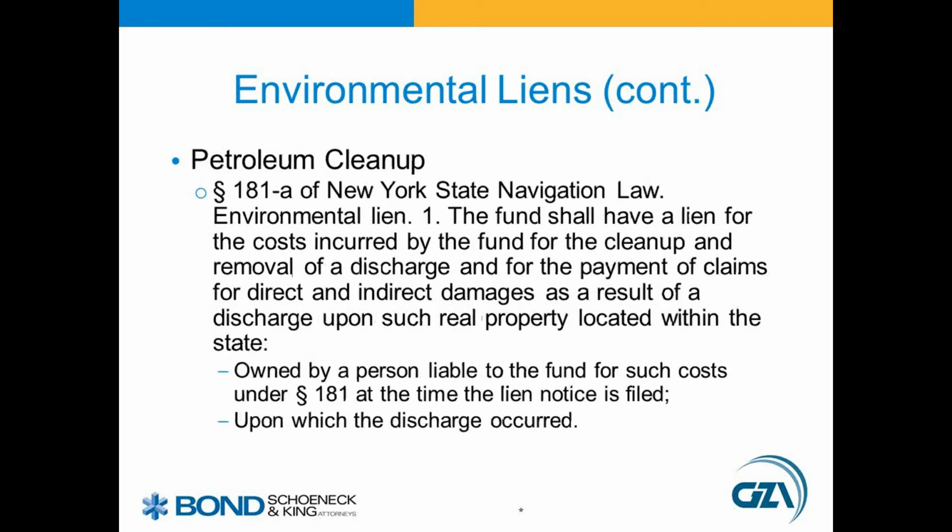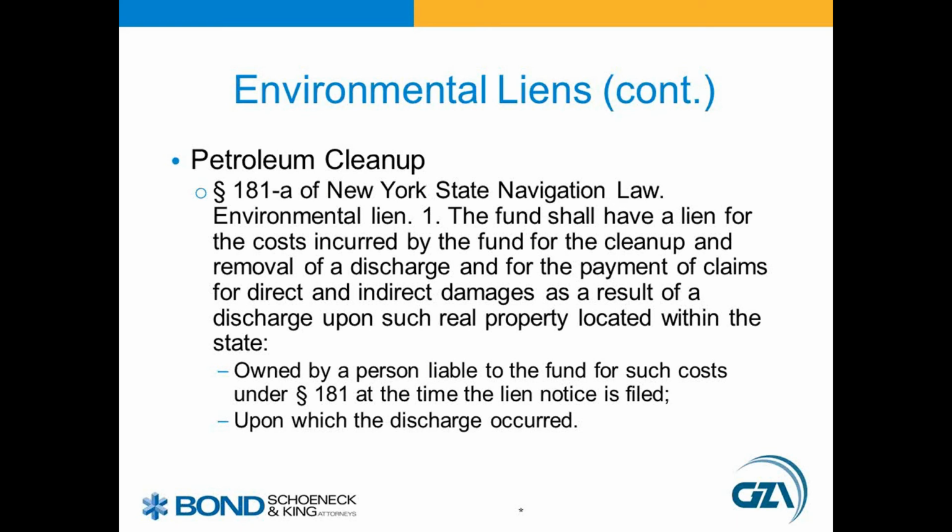The one which is a lot more common here in New York is the one which is available to the state of New York under the New York State Navigation Law, where the fund, the Petroleum Compensation Fund, when they incur costs for the cleanup and removal of a petroleum discharge, they are entitled to place a lien on that property as security for the payment of those monies that are incurred.